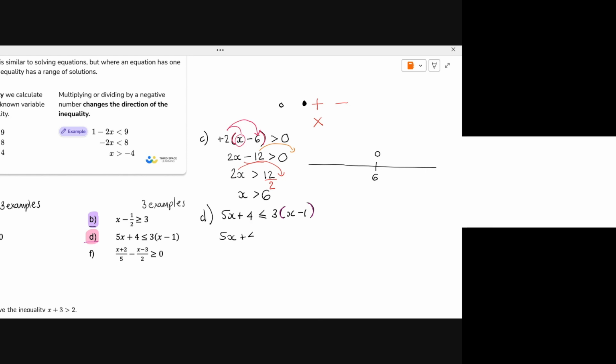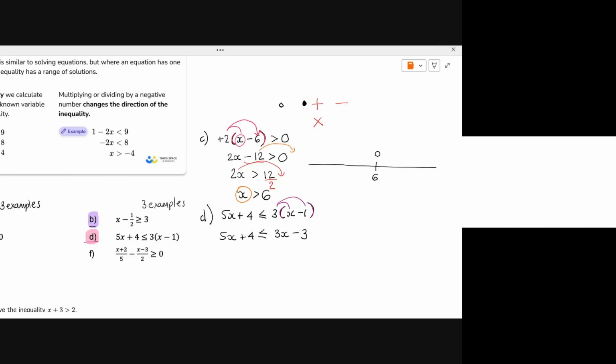5x plus 4 would be less than or equal to, and then because I've got brackets, distribute. 3 times x will give me 3x, and 3 times -1 will give me -3. Thank you, Leah. Amazing. Okay, good. Now, the thing with these questions is we always want x on its own on one of the sides.